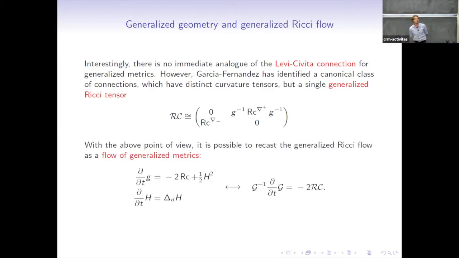And with this point of view, and again, this is just a calculation at this point, you could rephrase the flow naturally as an evolution of generalized metrics, since it's the Ricci flow for these generalized metrics.